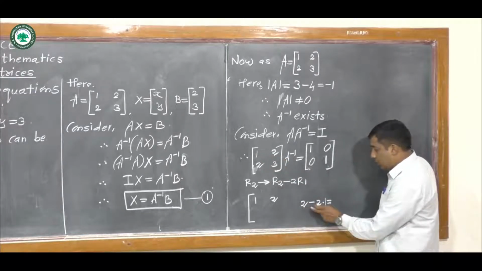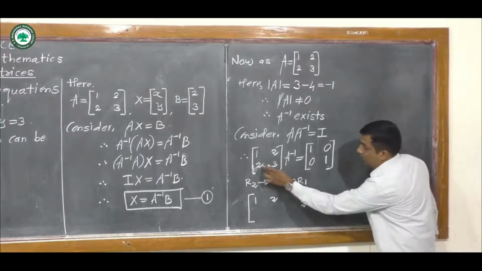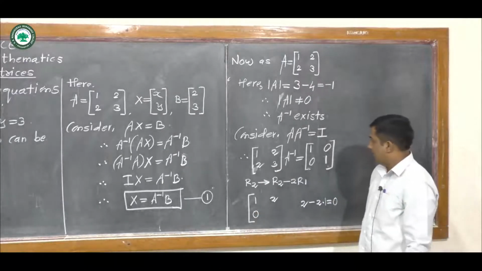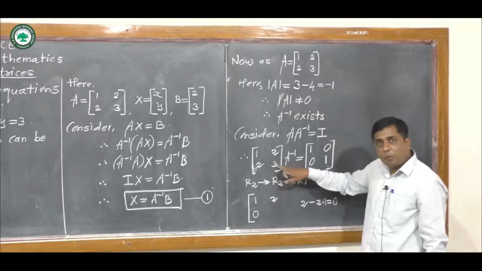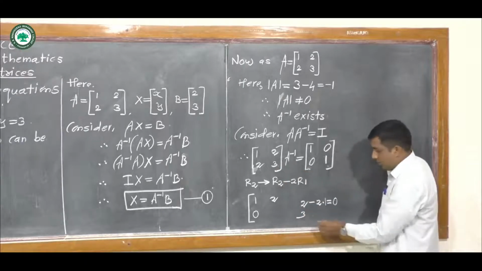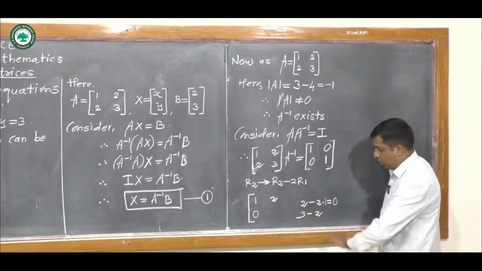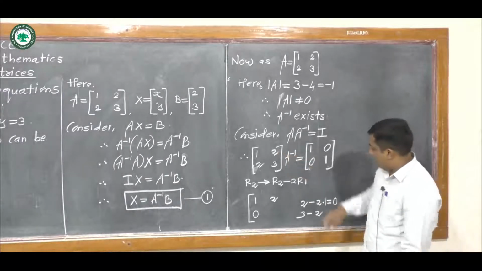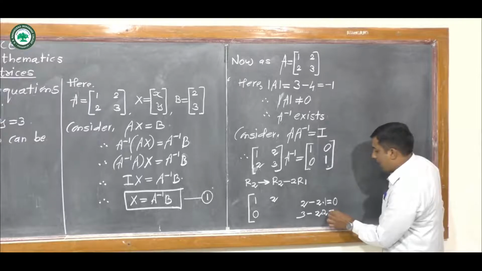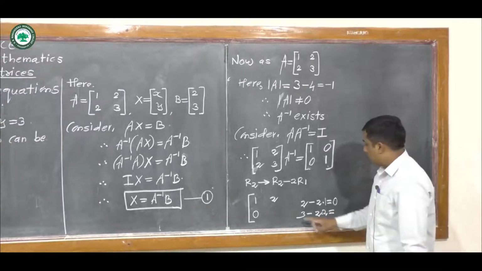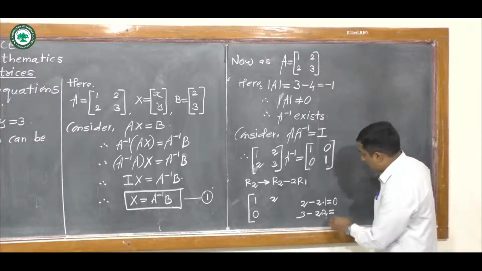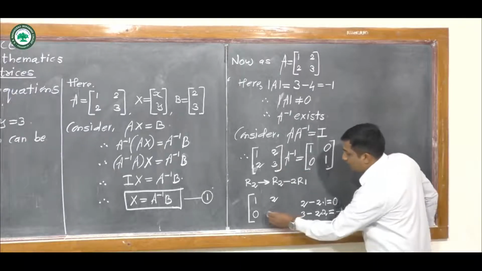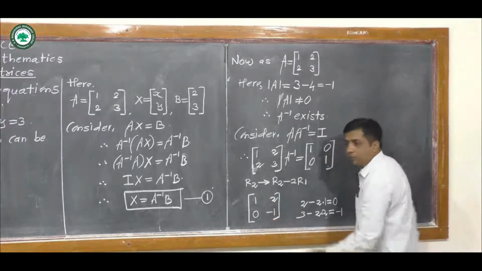We know 2 minus 2 is 0, so in the position of 2 we get 0. Next, second element from row second is 3 with minus sign 2 into second element from row first is 2. We know 3 minus 4 is minus 1, so in the position of 3 we get minus 1.